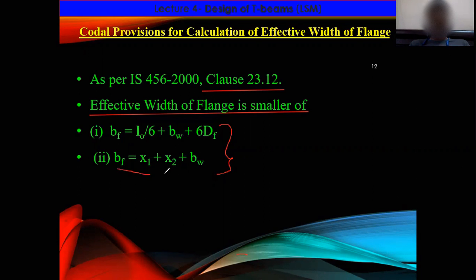This we have already discussed. That means x1 plus x2 plus bw is nothing but what we have just discussed.